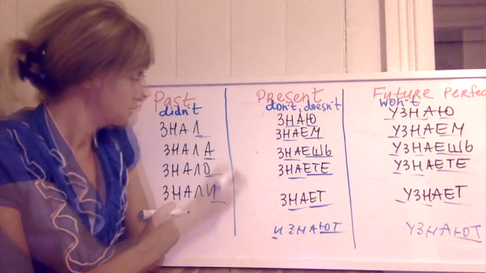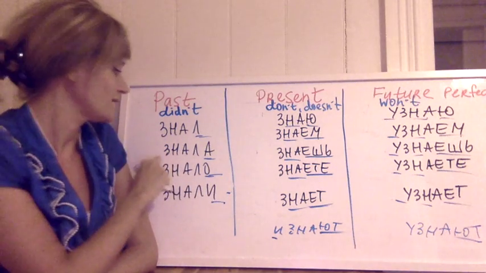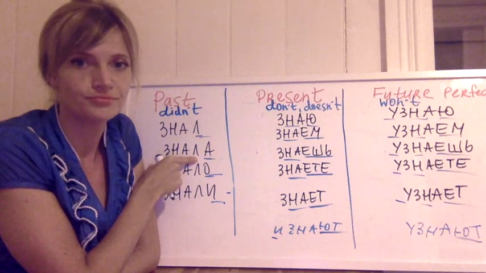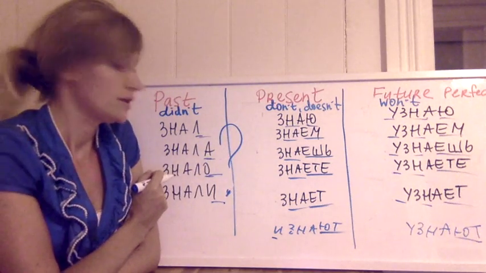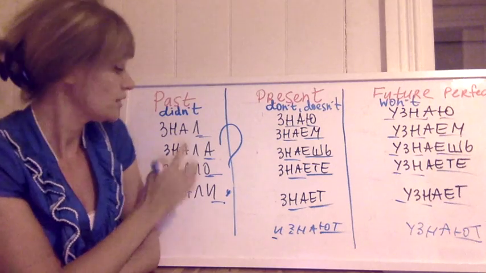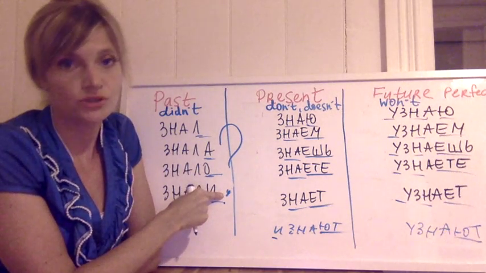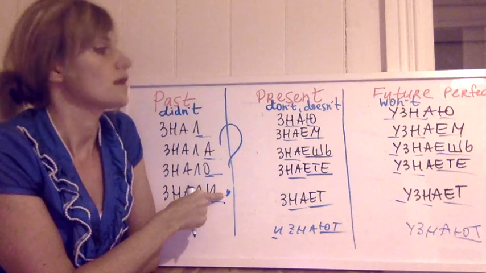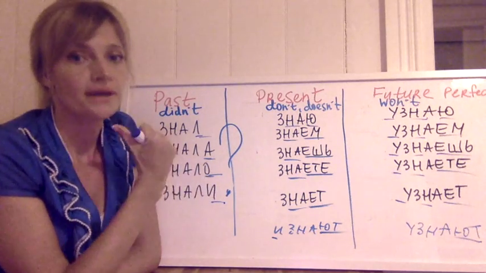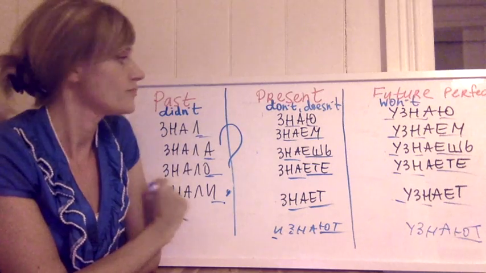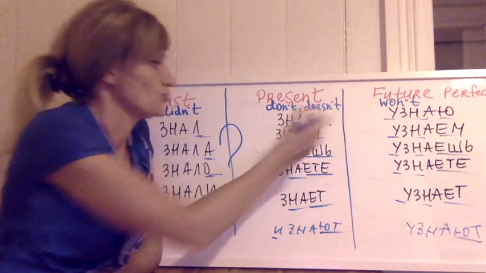Questions again. If you put a dot, it's gonna be affirmative. Я знала, I knew. If I put a question mark, did I know? Я знала, nothing changed except a question mark. If you're not saying this on paper, make it within your intonation. Present tense. Я знаю.